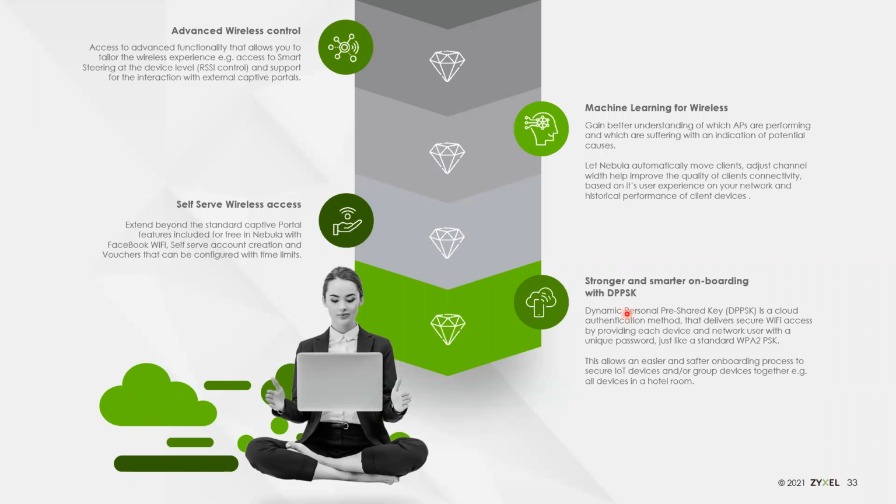So the new way of doing this is to use what's called dynamic pre-shared key. You have one SSID which each user uses, and rather than authenticating with 802.1x, you assign each user their own unique pre-shared key. So one SSID and each user has their own pre-shared key.